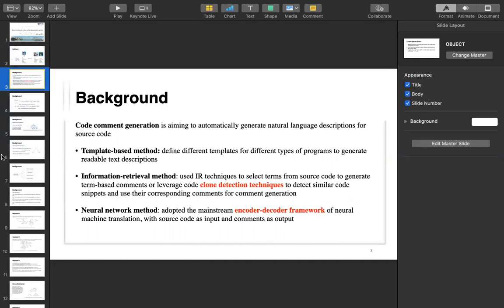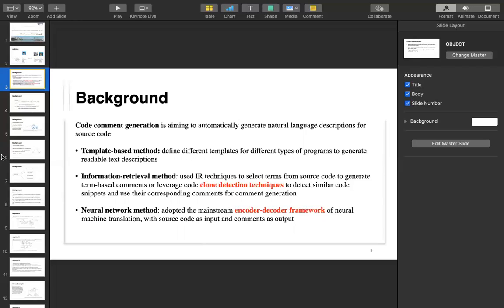Before we go into the paper, let's do some background. Since I already elaborated on this in the last paper, I will quickly go through it. One of the research problems of this paper is code comment generation, which aims to automatically generate natural language descriptions for source code.